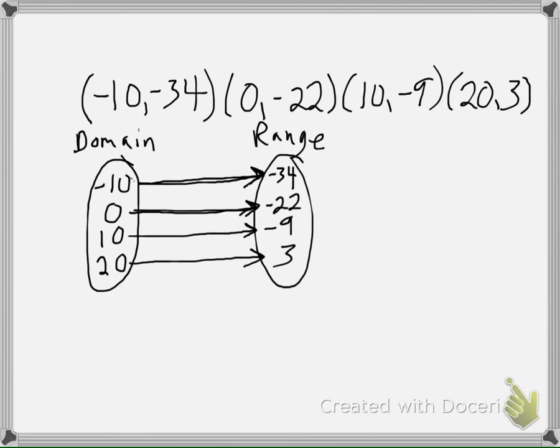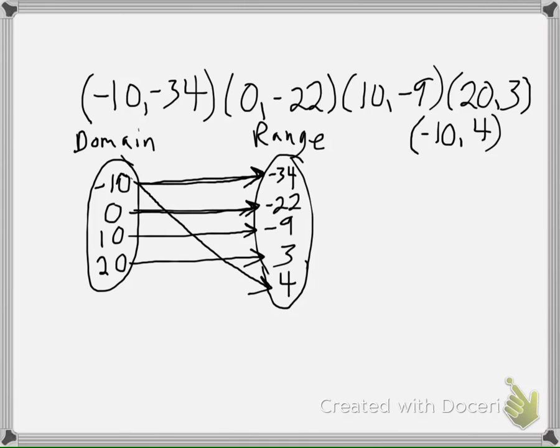Now, let's say I were to throw another value in there. Let's say that -10 also goes to 4. Well, then we would have this. Now, we wouldn't write -10 again because -10 is already in our domain, but -10 went to -34, and it would also go to 4.